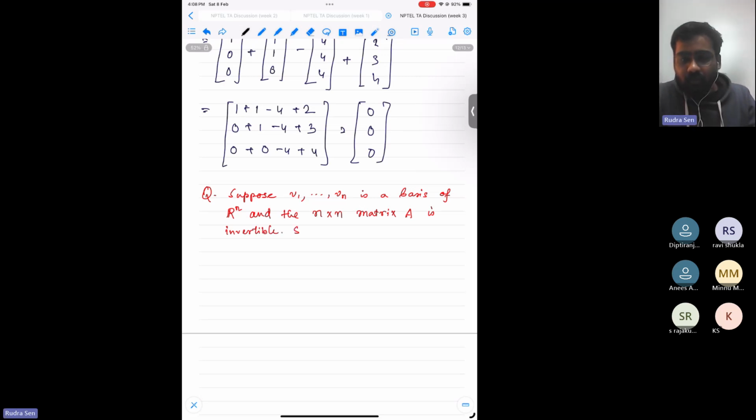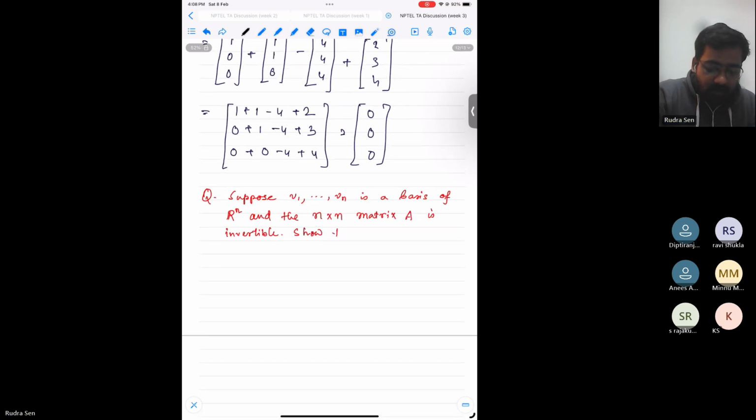So it's sort of a proof kind of thing. Show that AV1 up to AVn is also a basis for Rn.